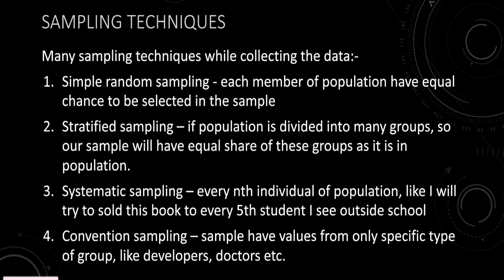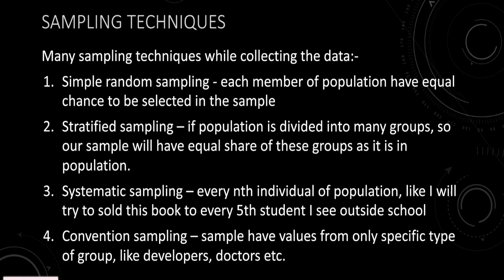Second one is stratified sampling. If the population is divided into many groups and they are not overlapping, in this case we consider stratified sampling, and in this our sample will have an equal share of these groups as it is in the population.